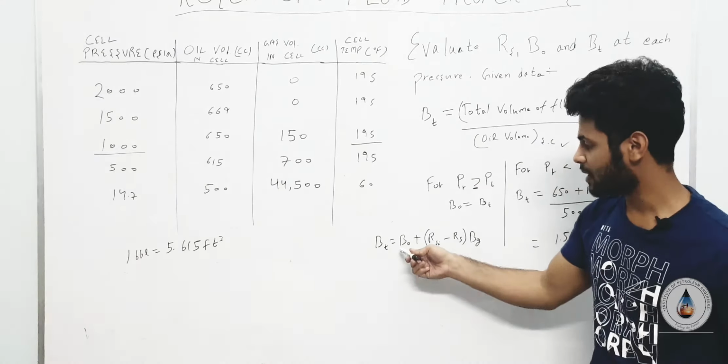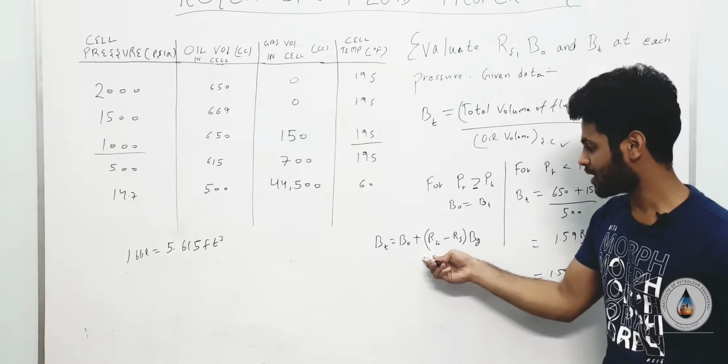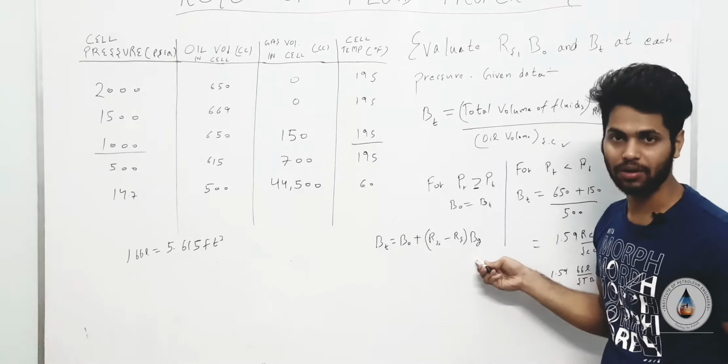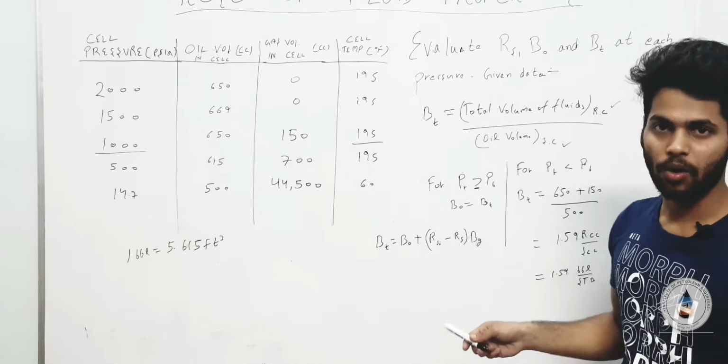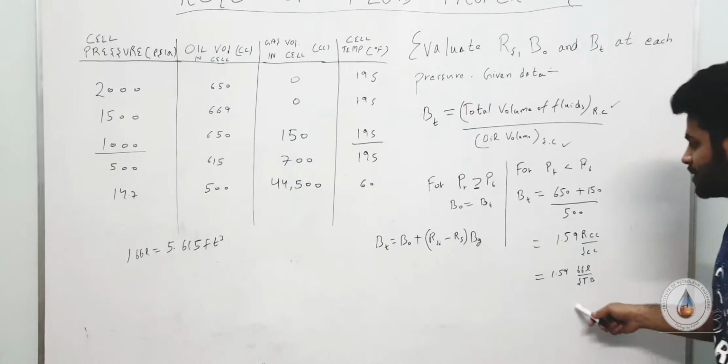This represents the amount of oil present and the amount of gas that was dissolved. So by the application of this formula, let's see whether we arrive at the same result.